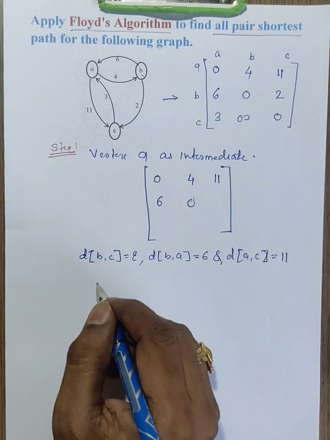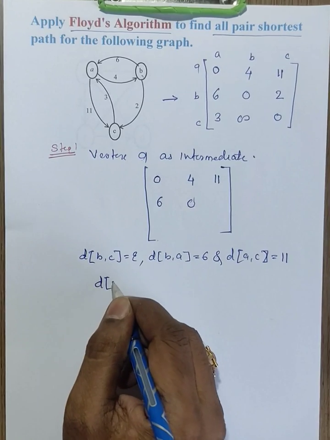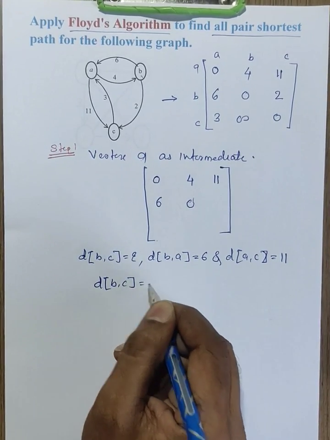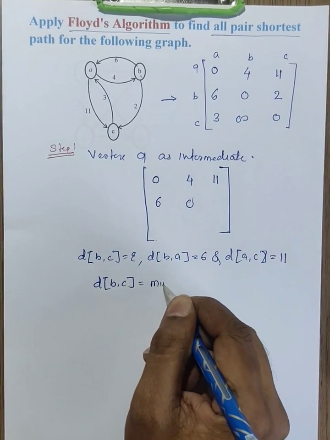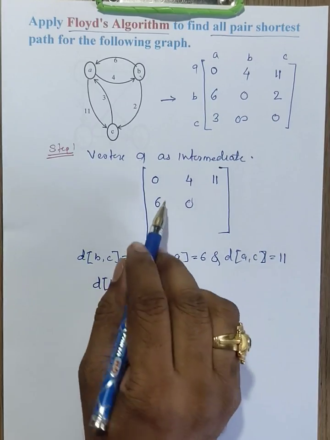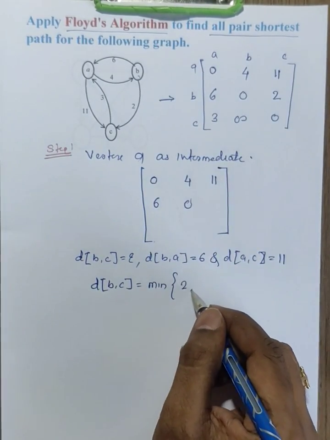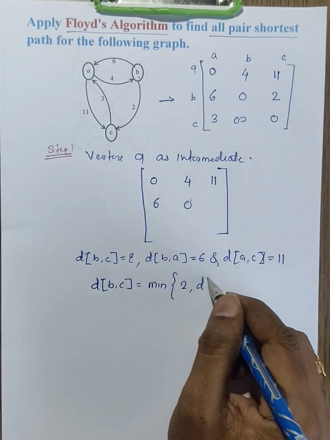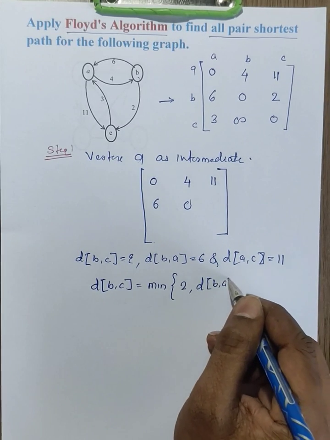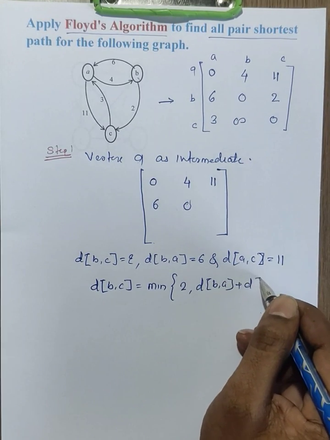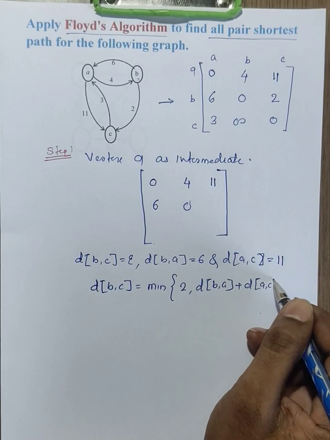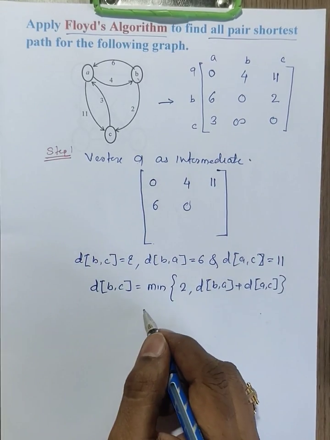If you want to find distance from B to C, then we have to find minimum distance. Previous distance is 2, or distance B to A plus distance A to C. Within this, we have to find minimum distance.